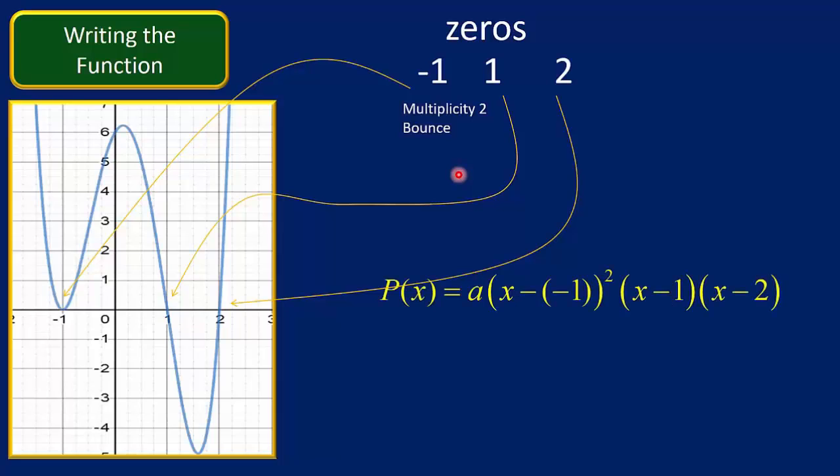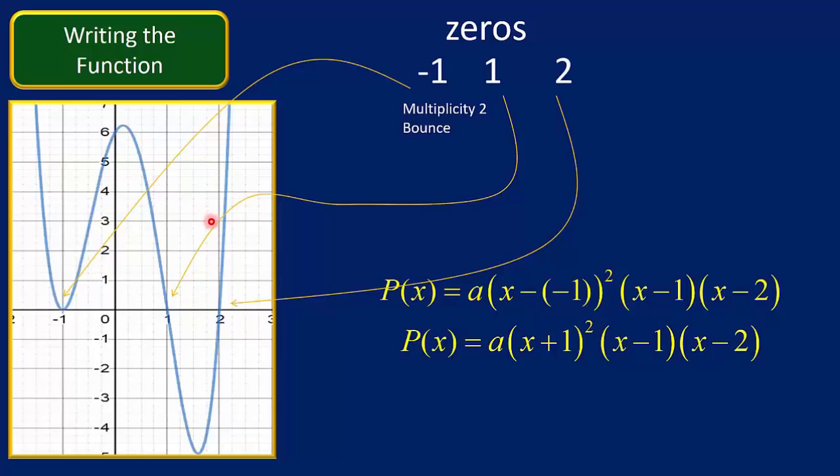Now, once again, we've got this polynomial. I put a here because I want it to pass through this point 0, 6. I've got x minus a -1, but I'm squaring that, see, because of the multiplicity 2. x minus 1, x minus 2, see? Now, let's clean it up a bit, and here's what we have. Now, I'm going to make the polynomial pass through this point 0, 6.